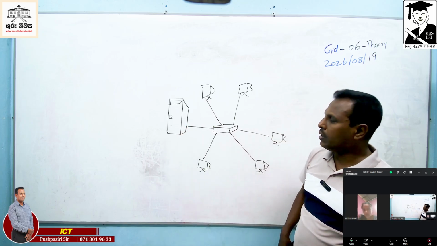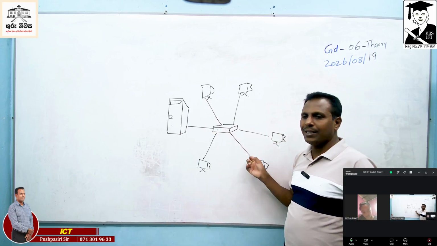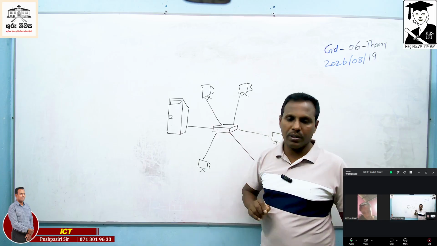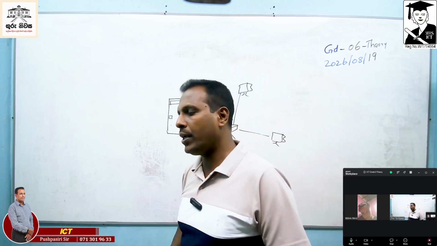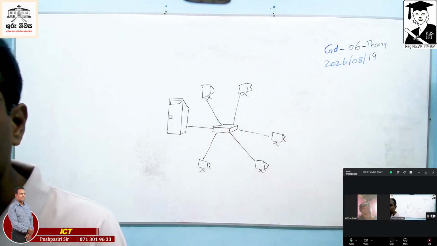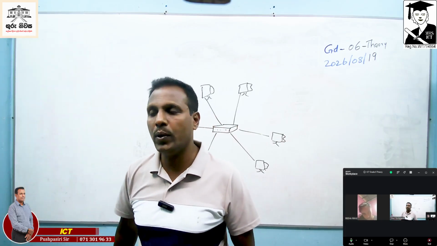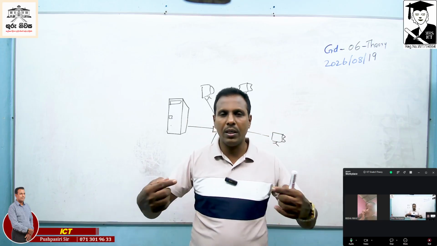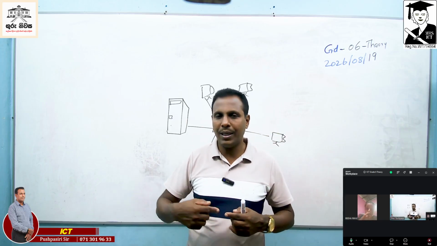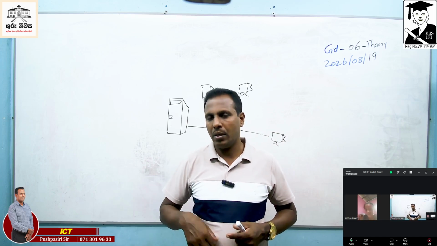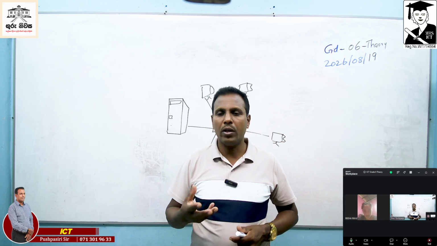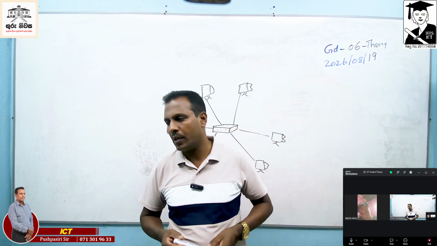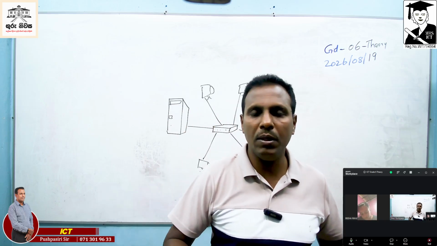So network means interconnections among the computers. For example, in your school, you may have 20 computers in the computer room. Each computer is connected to each other. So that is a network. Supposing you have 5 computers in your home, and you connect them to each other.